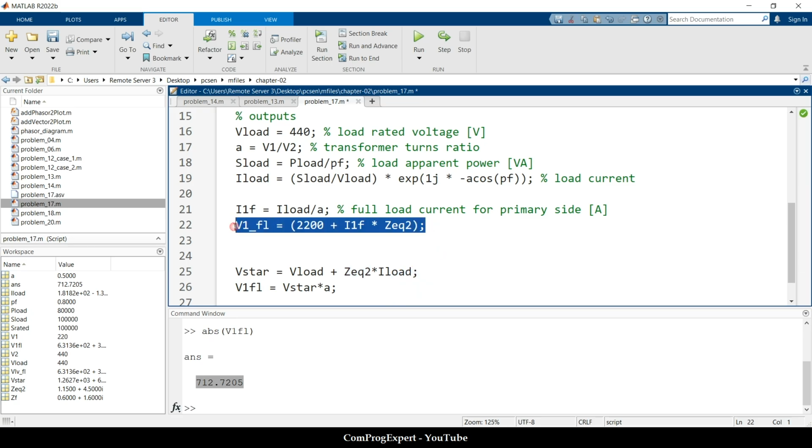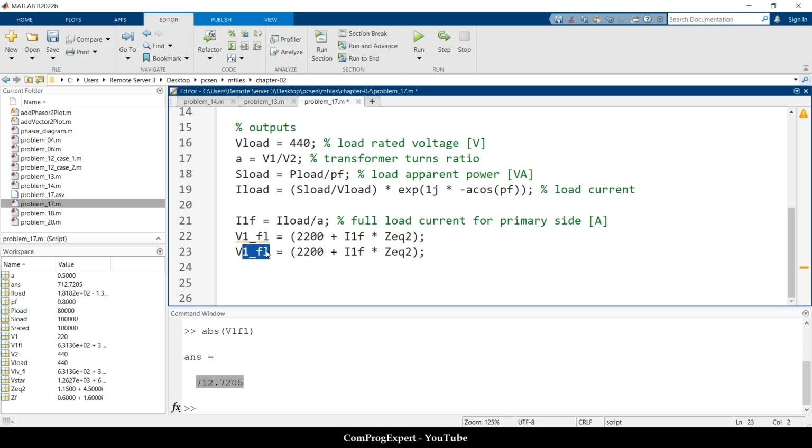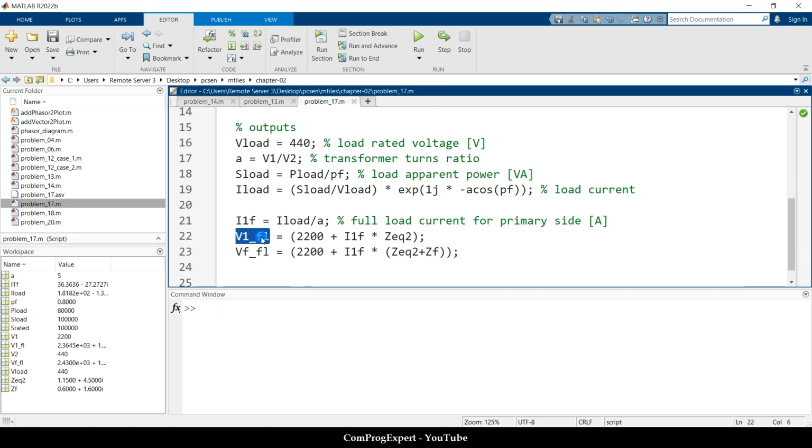And what is the voltage of the feeder? Is this one. The feeder voltage for the full load operation is this current, we just need to add up the Z feeder. So let's run the code and calculate the amplitudes here.